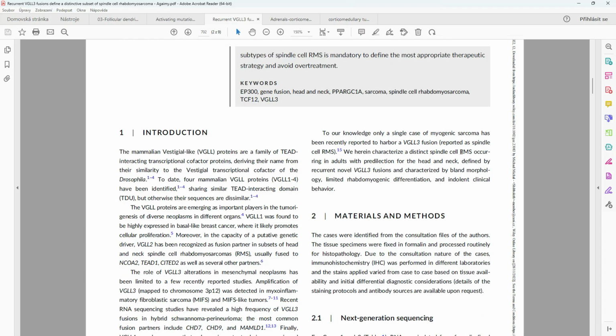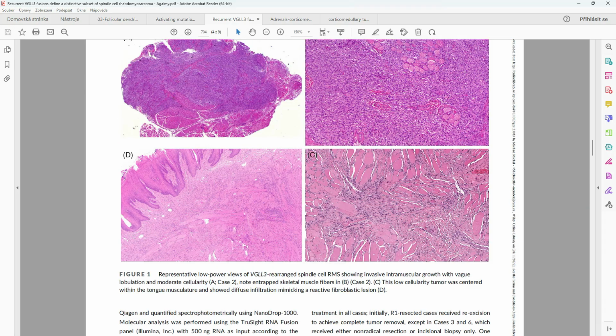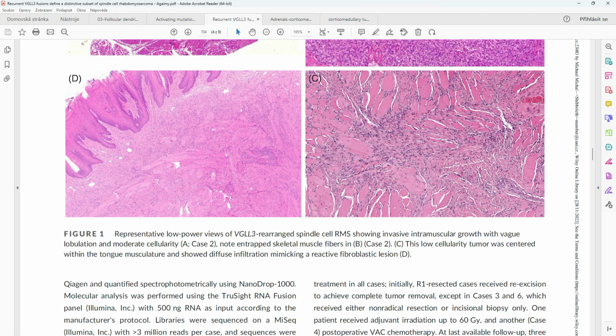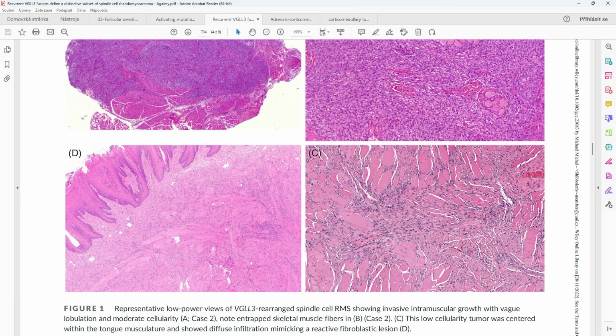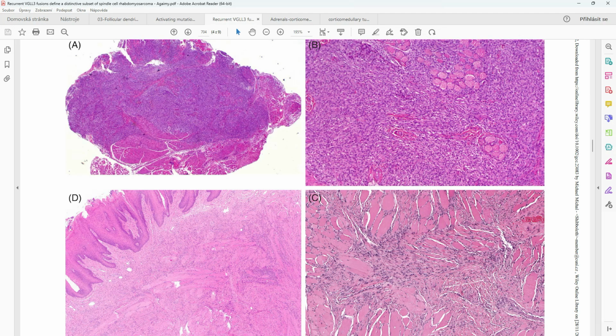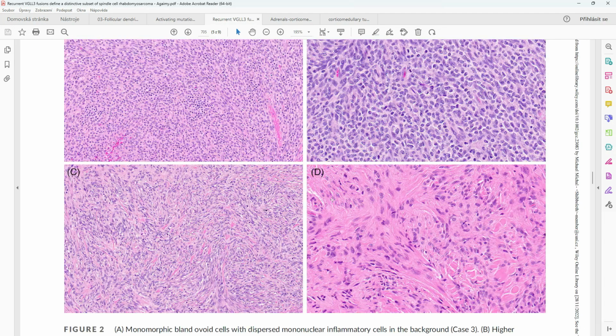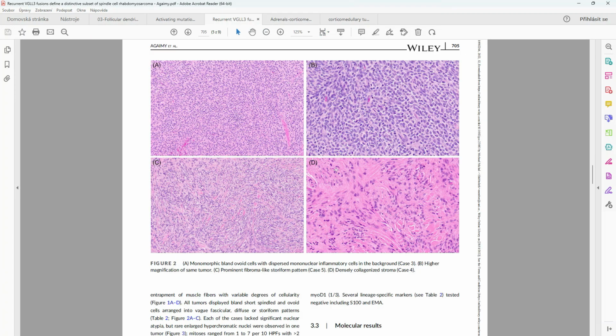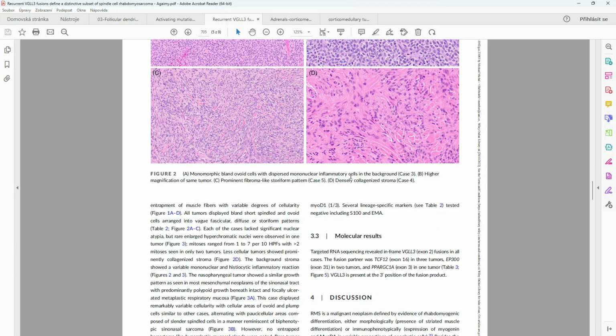I'll show you the pictures from this study by Abasagaime, basically identical to what we've seen. You can see they're always infiltratively growing, very monotonous tumors. Basically, this is as if we took the picture from our case. So a new subtype of rhabdomyosarcoma with this VGLL3 gene fusion.